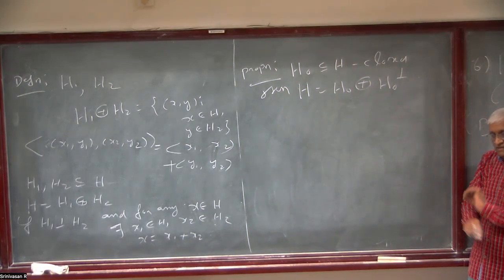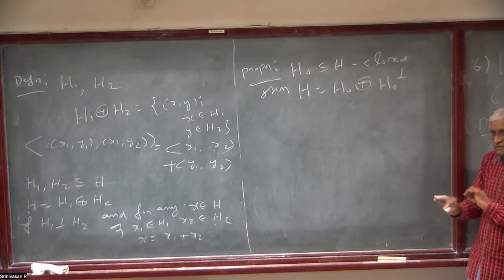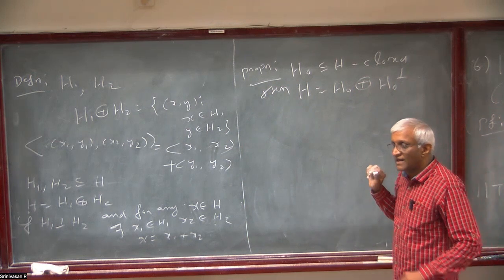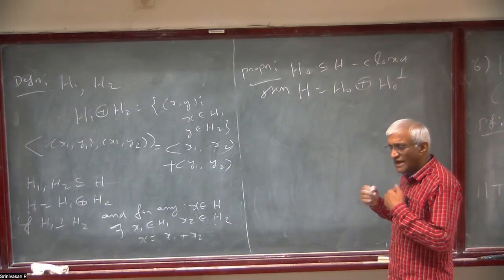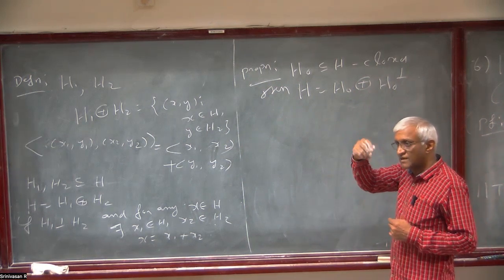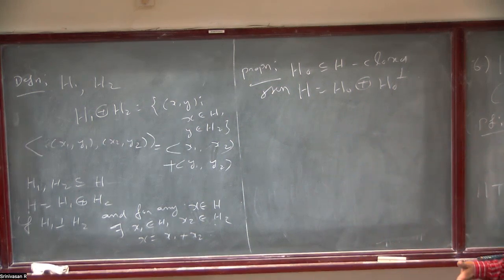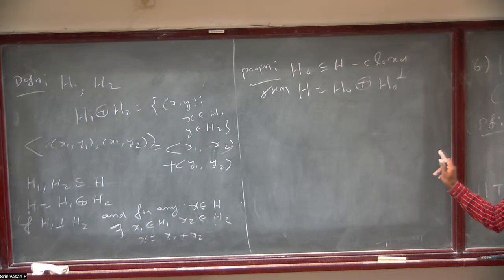You've seen this? In general, in Hilbert space. That is my question. You have seen it. You know this? You don't know this. Maybe I know this. When did you do this? Last month.